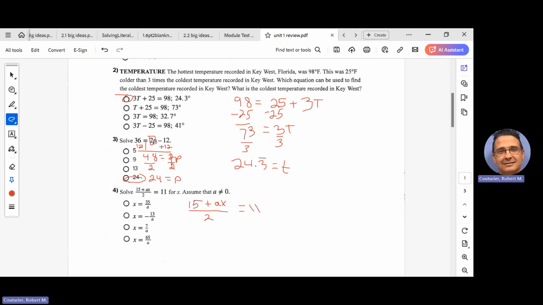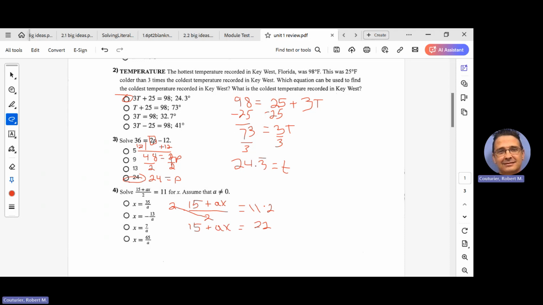The first thing I want to do is get rid of this fraction. I need to get rid of a denominator. Well, this is division, and to get rid of it, you multiply. And if I multiply one side by 2, multiply the other side by 2. These cancel. Now I have 15 plus ax.